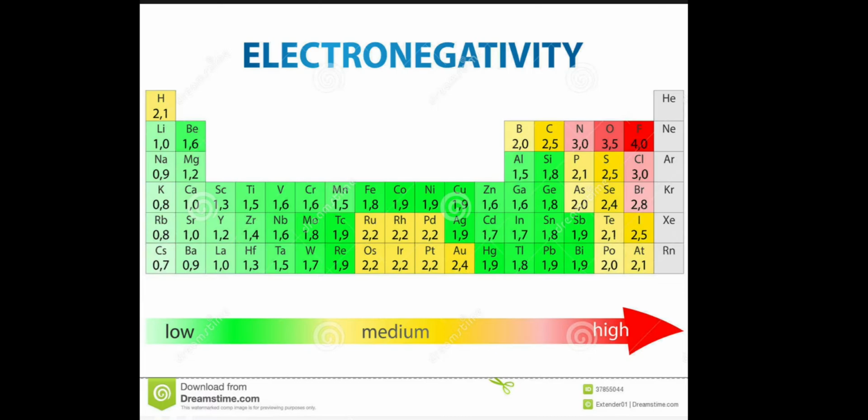Let's move forward. So this is the representation of electronegativity from low to medium and high. You can also see this in your periodic table. There is electronegativity there, seen in the lower part, right? We have a certain symbol in the periodic table.